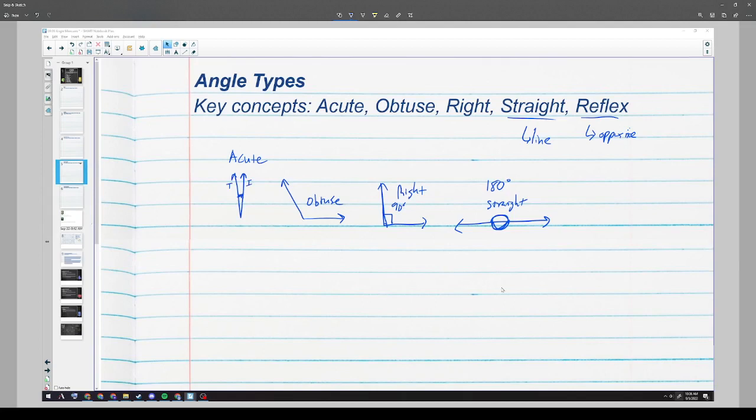But what if I reverse that and make the starting point the left ray, and I circle around until I get to the ray on the right? Then instead of an acute angle, I would go all the way around here as this gigantic angle, and we call that a reflex angle. Actually obtuse probably has to be less than 180.